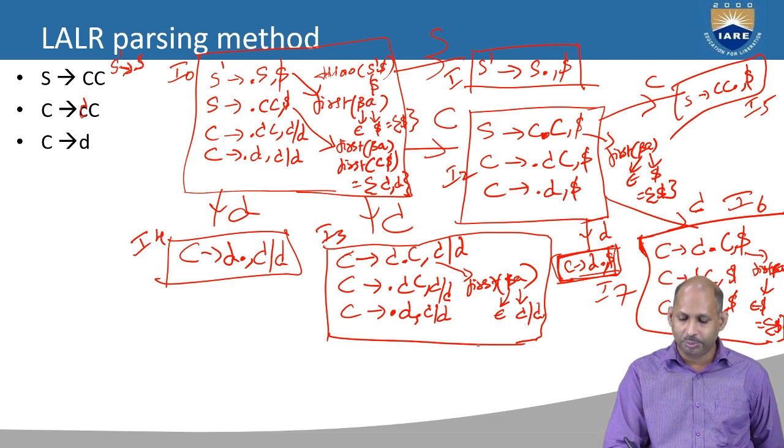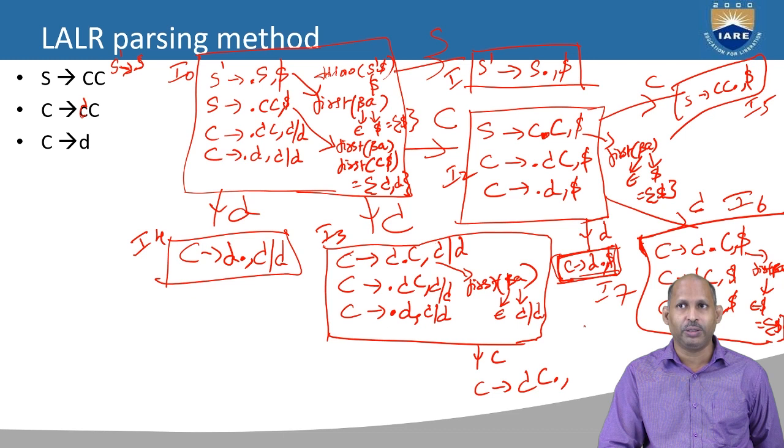I3. Here on capital C, dot C becomes C dot, with terminal symbols C and D. No need to add new productions.